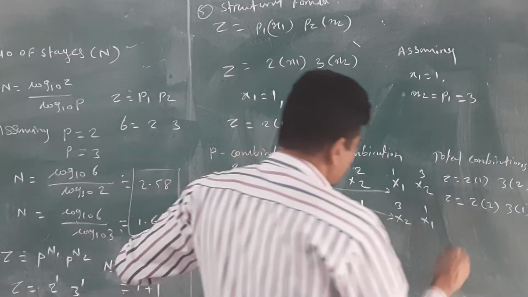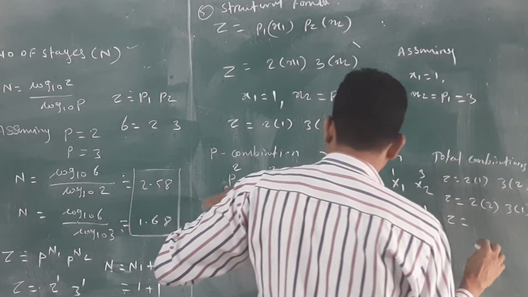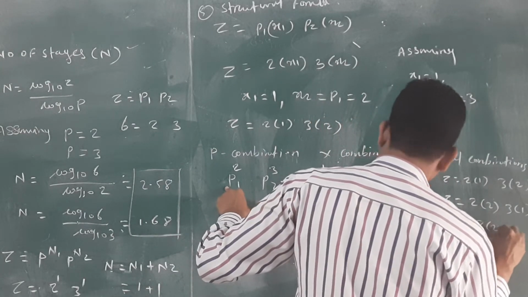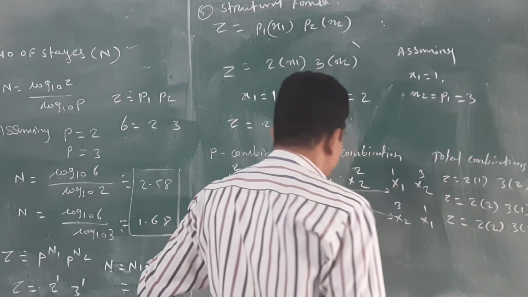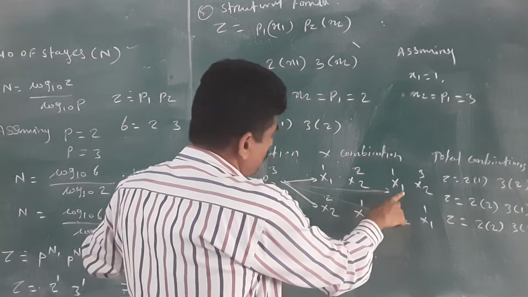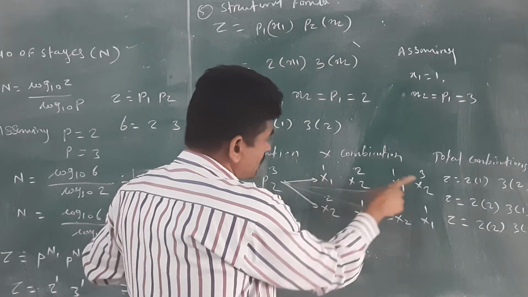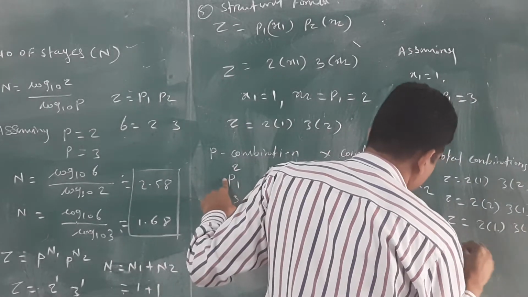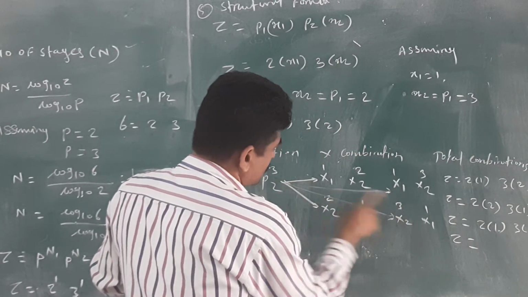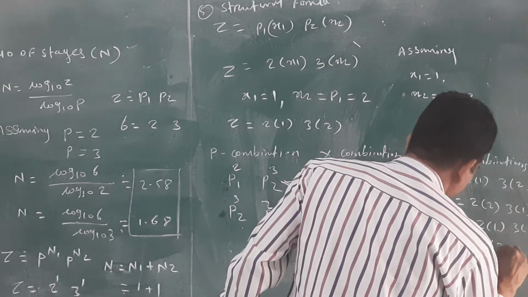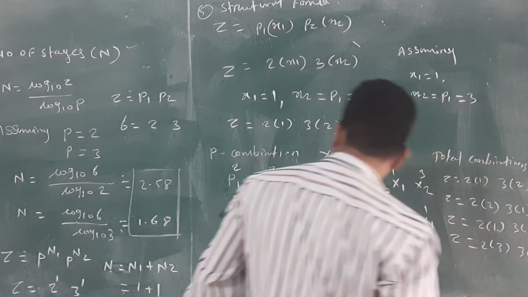Z is equal to 2 2 3 1. This one is 2 1 and 3 3, and the second combination Z is equal to 2 3 and 3 1.